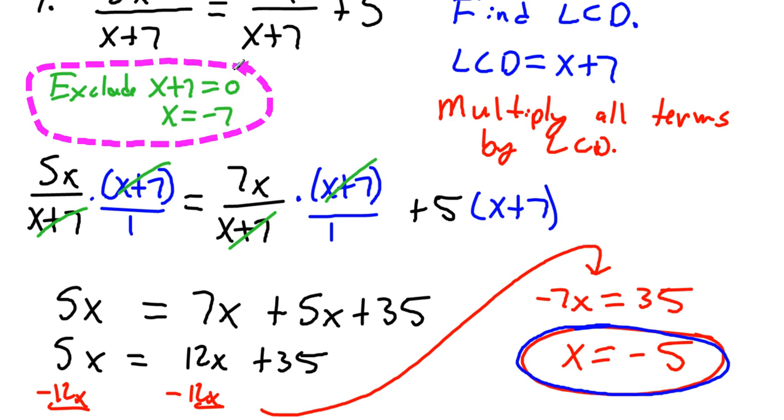Most of the time with these it probably won't work out, but just to be on the safe side, they tell you to go back and check the answers. If your answer was -7, which this one wasn't, you'd have to throw that answer out.